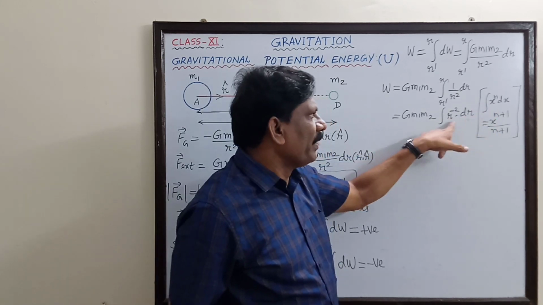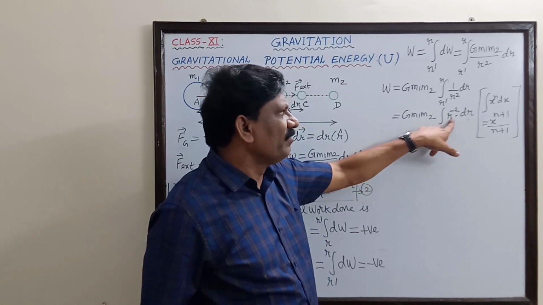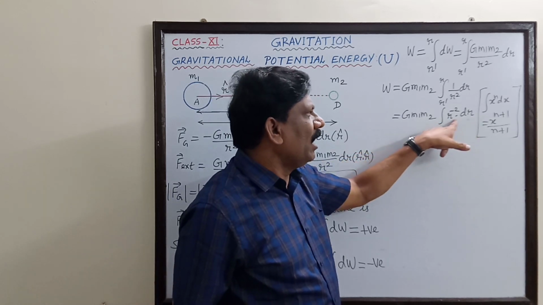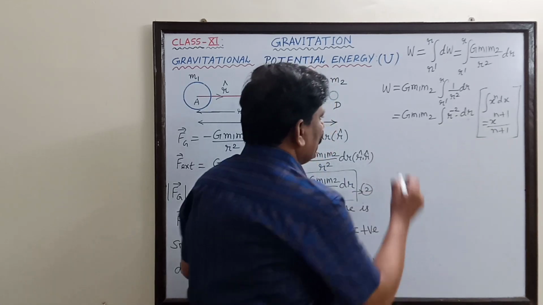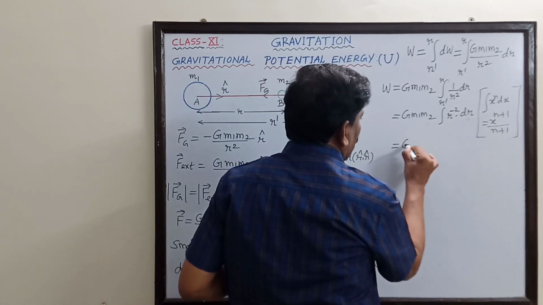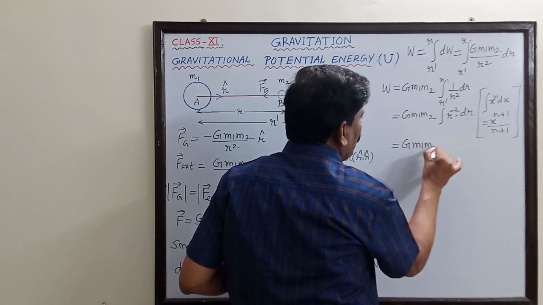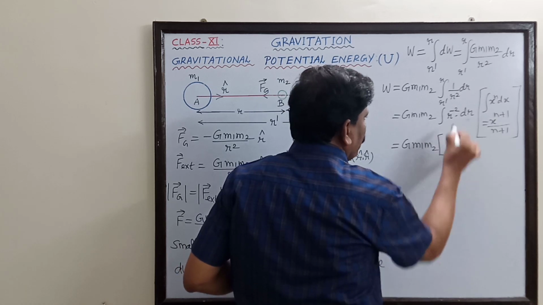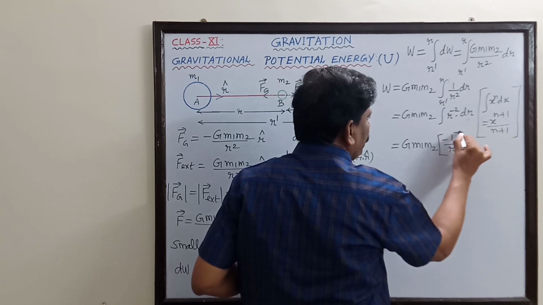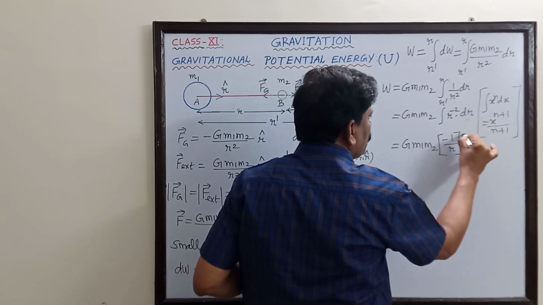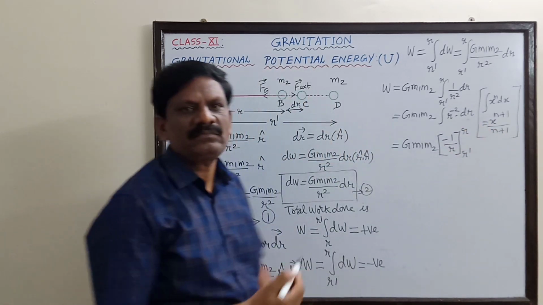So the value of this integral will be r power minus 2 plus 1 divided by minus 2 plus 1, and that is equal to minus 1 by r. So G into m1 m2, the value of this integral is minus 1 by r from r dash to r.